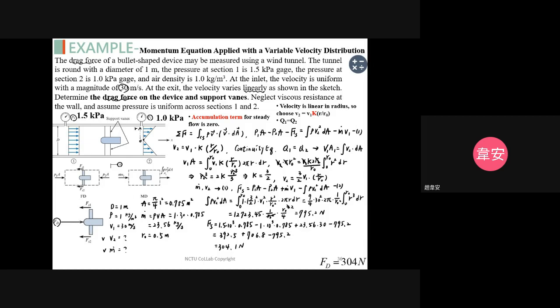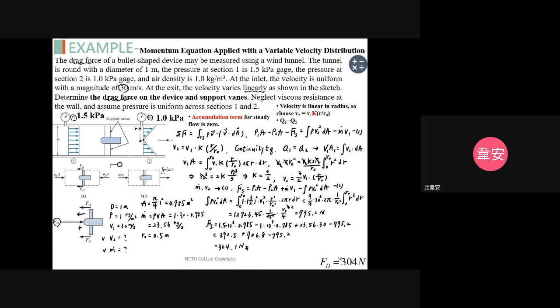But our question is, what is the drag force? So we know the support force is along the left direction, so the drag force has the opposite direction. It's positive. So 304 is our drag force.